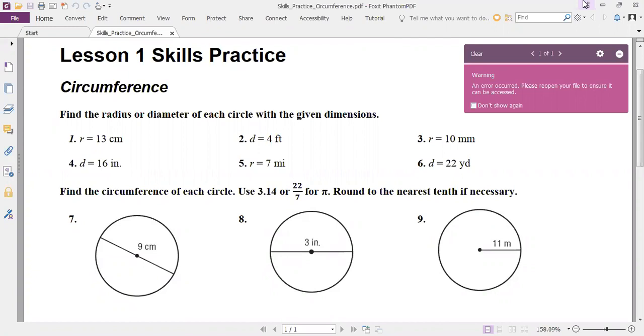Yes, 3 times 3.14 equals 9.42. 9.42, right? The 2 here is less than 5, so we will remove it. So it will be 9.4.